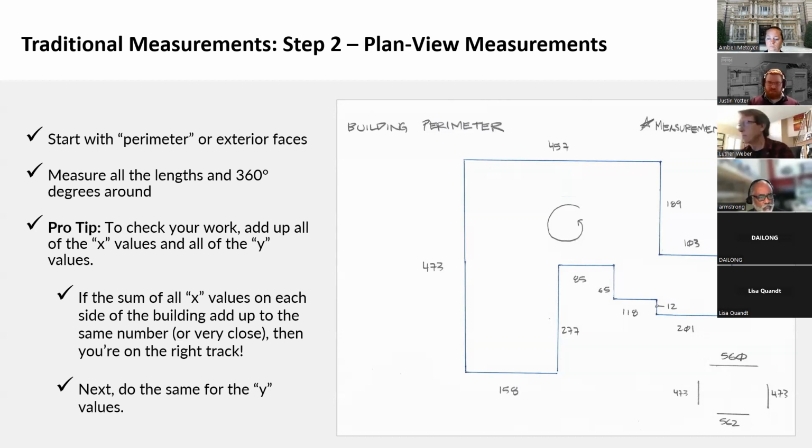So sometimes this can be tricky when you have curved walls or lots of jogs or walls that are not at a 90-degree angle, but by adding them up and comparing them to the other X or Y dimensions helps to verify that you have measured correctly. Everybody has a little bit different view of degree of accuracy, but generally if they're within 1 inch or 1 to 2 inches side to side, that's usually pretty close for most properties.